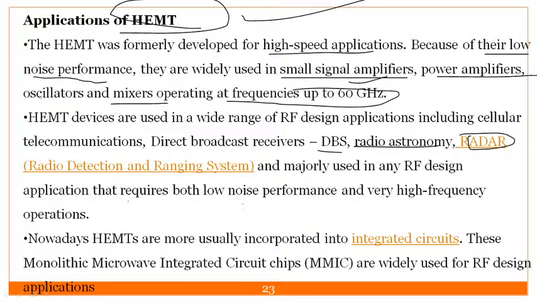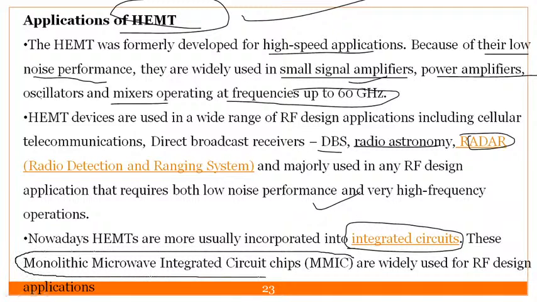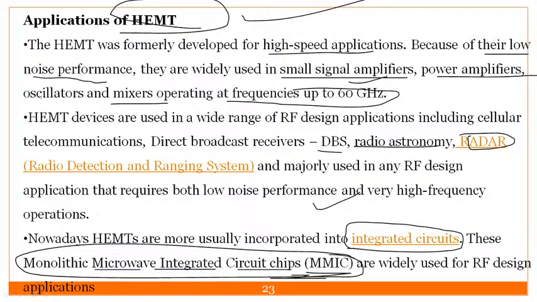Nowadays HEMTs are more usually incorporated in IC circuits also, as monolithic microwave integrated circuits. I think you have seen this MMIC in the last RF subject. That is nothing but a monolithic microwave integrated circuit chip. Normally the devices we have, HEMT and all that, are discrete devices.